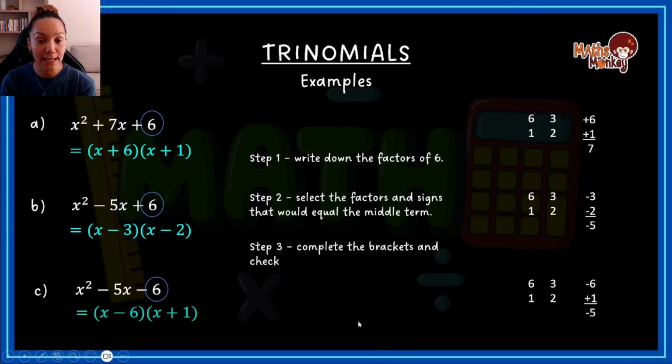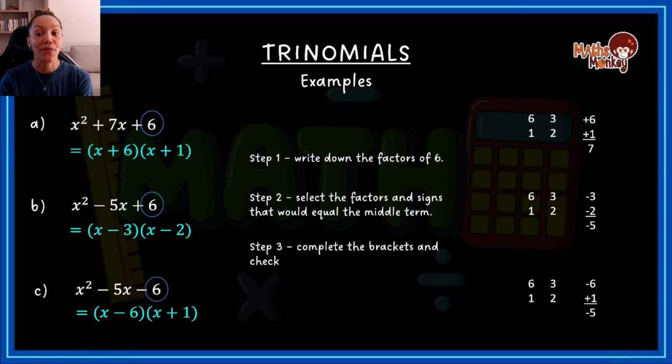So in this case, we've got x minus 6 and x plus 1. And how do we check now? We go negative 6 times positive 1 gives me negative 6, right? And then 1x minus 6x gives me negative 5x. And that would mean that I get the correct answer.